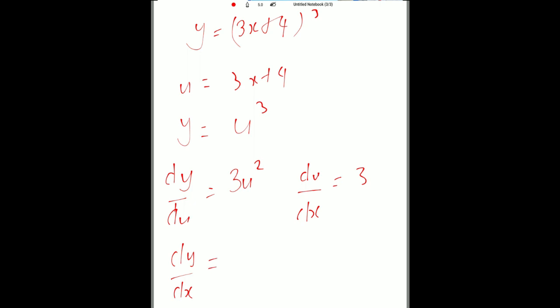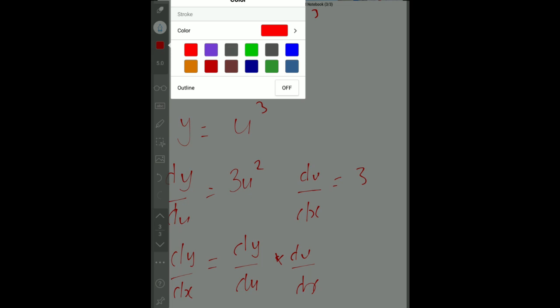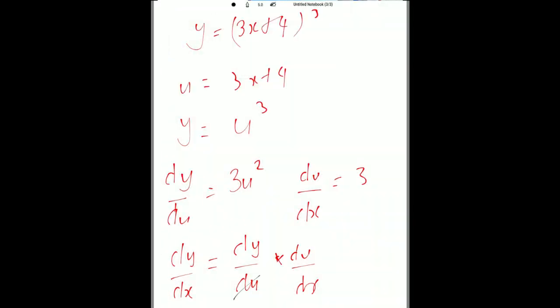Now you'll see exactly why I particularly like this notation of the first derivative. Because dy by dx can be written as dy by du times du by dx. So it appears, and I will say falsely, it appears that the two du's cancel.